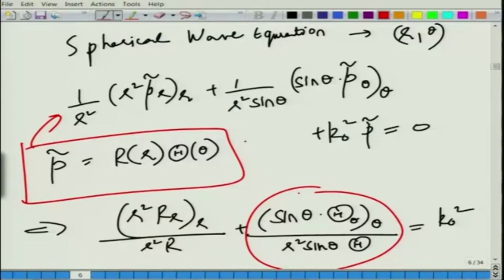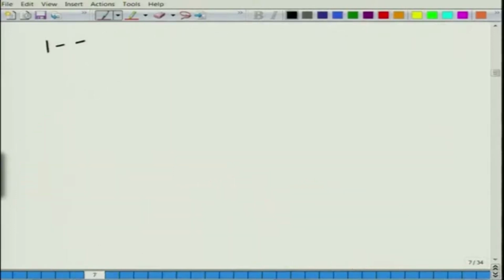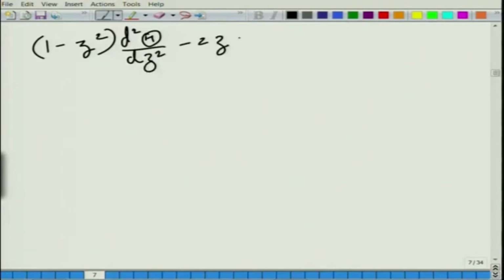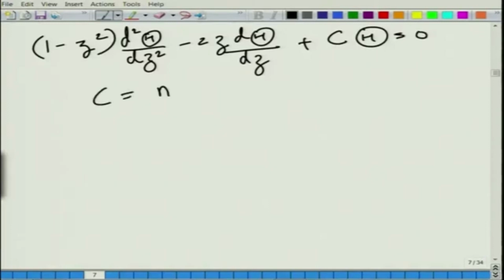So the solution for that is the differential equation 1 minus z square d2 theta by dz square minus 2z d theta by dz plus some constant c, which turns out to be n into n plus 1.